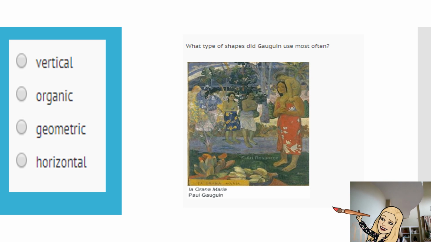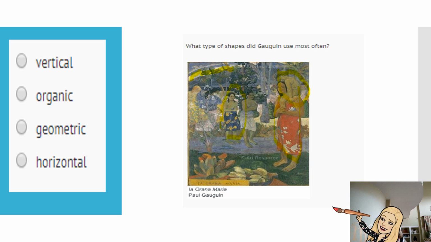Okay, this is a picture from your material. As you're looking through the shapes, I don't think my pointer's working, but you can see that I'm going to highlight. If you're looking at the shapes, we don't have lots of straight, rigid lines.